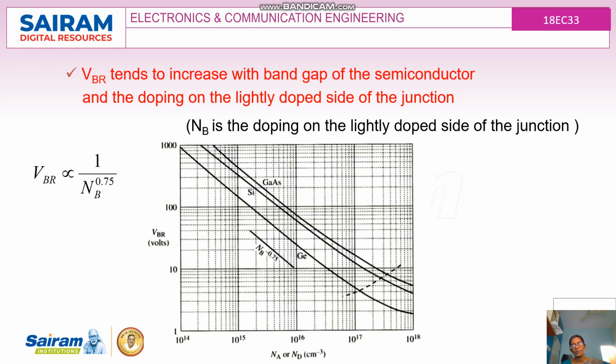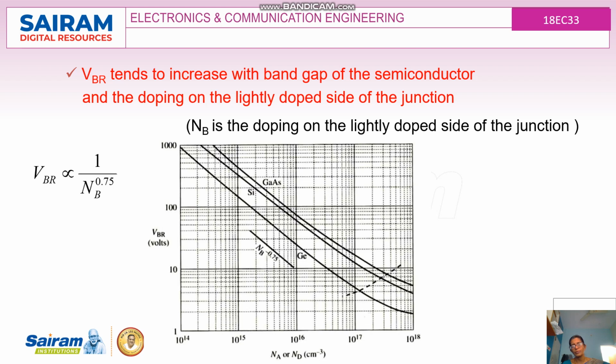The reverse breakdown is mainly dependent upon the band gap of the semiconductor as well as the doping of the semiconductor at the junction region or at one side of the region. For example, N suffix B is the doping on the lightly doped side of the junction. Then the reverse breakdown voltage VBR is found to be inversely proportional to NB.